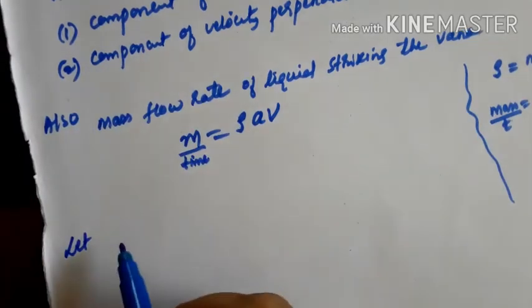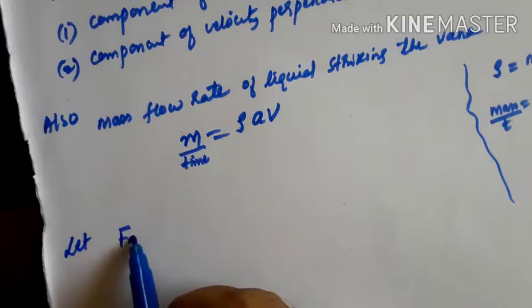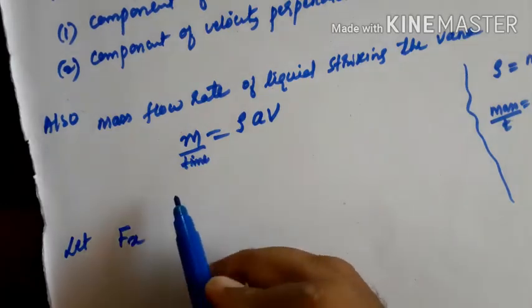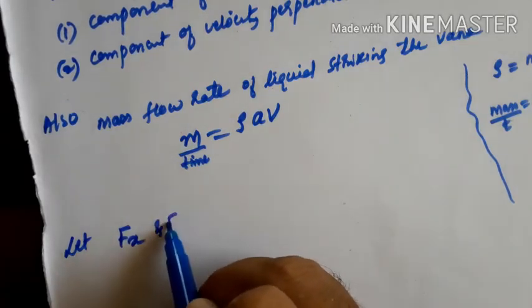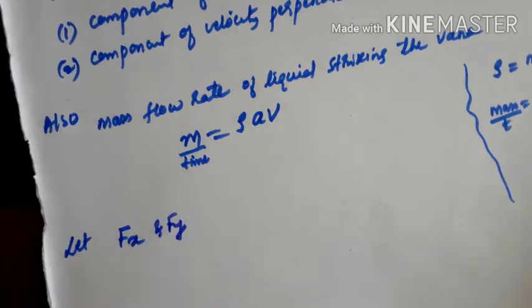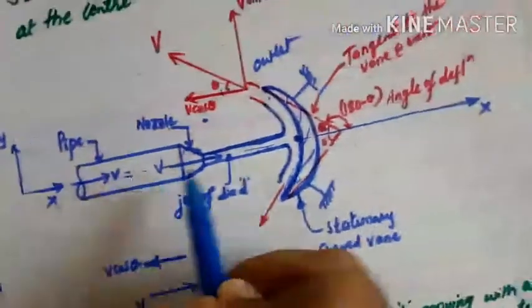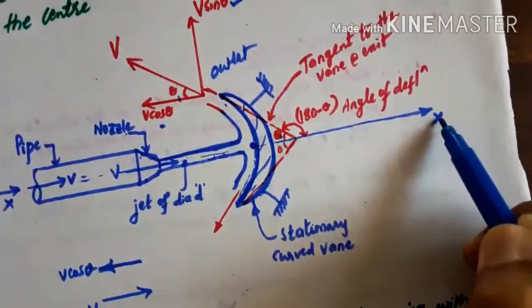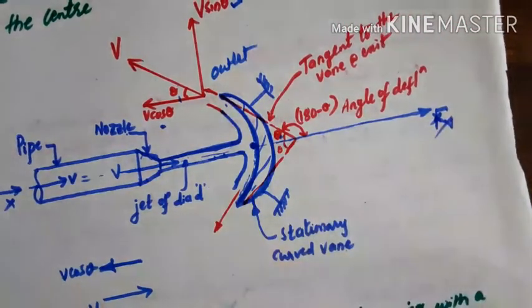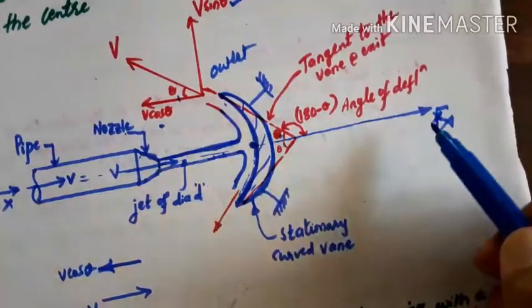Now we want the hydrodynamic force in x direction. Let Fx and Fy be the two forces, in x direction as well as in y direction. We take this as Fx in x direction, and perpendicular to that Fy.